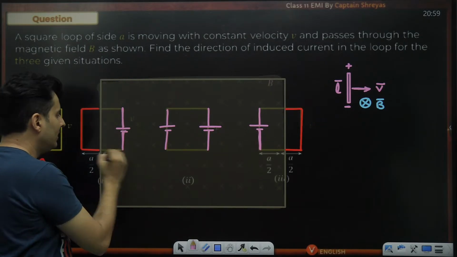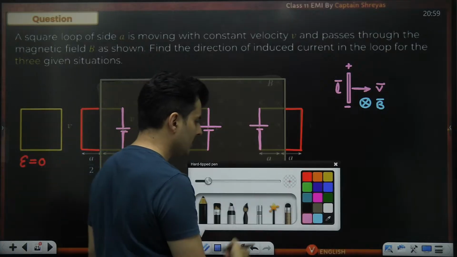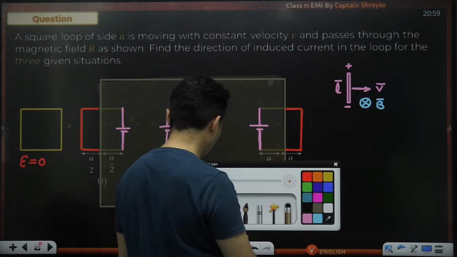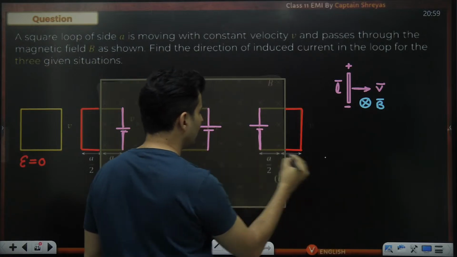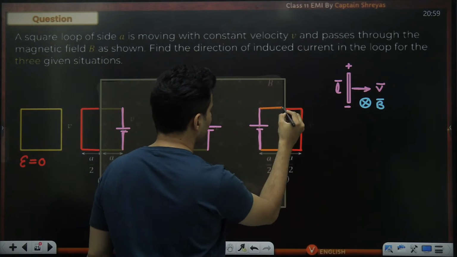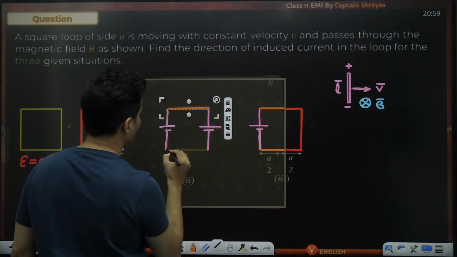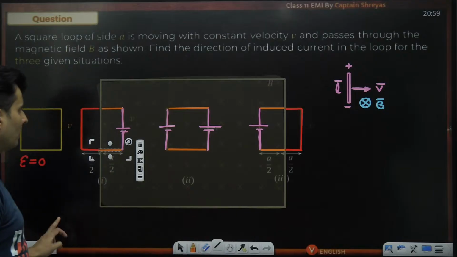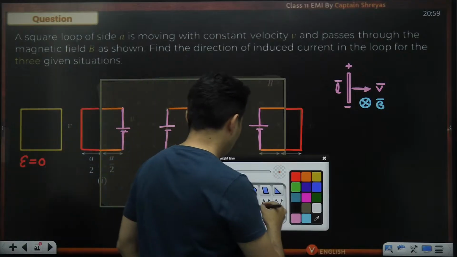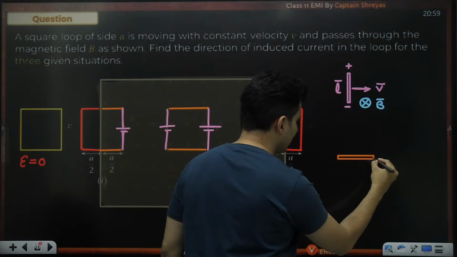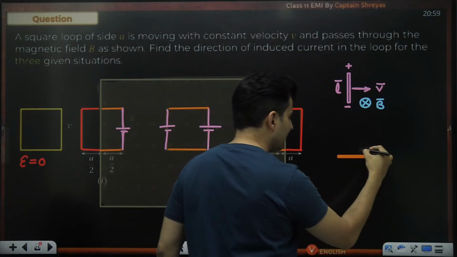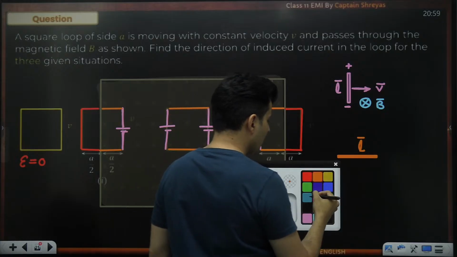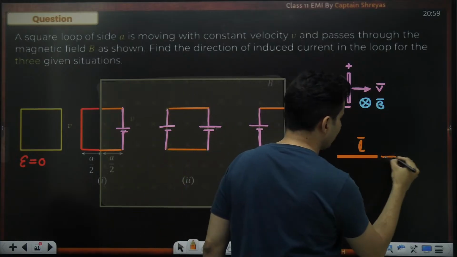But what about these horizontal elements? That is another interesting aspect over here. Observe carefully. If you look at the horizontal elements like this one, or even this one, what you will see is any of these elements whose length is like this in horizontal direction, their velocity is to the right.